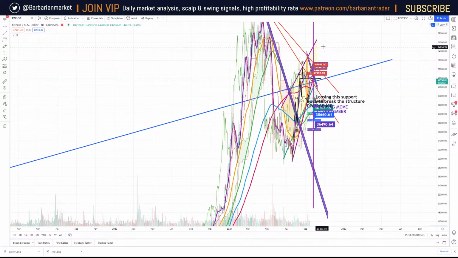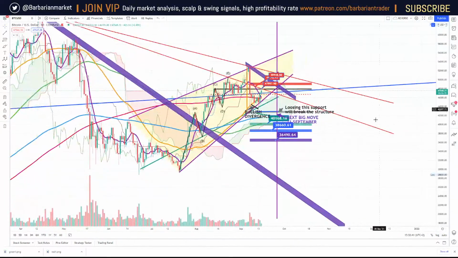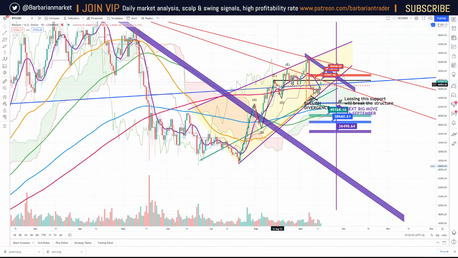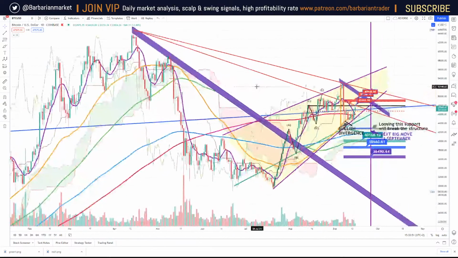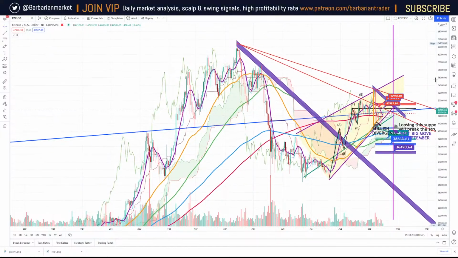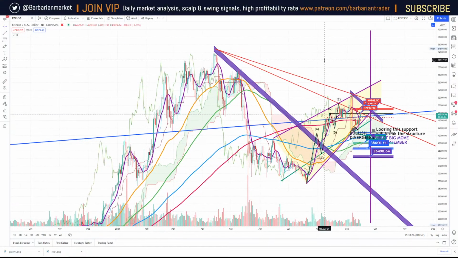So this blue one, let's keep an eye on it. For the moment, you see, we are fighting in this area, so it's not quite decisive.